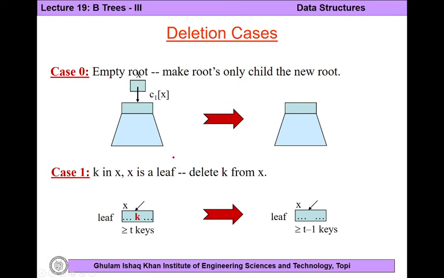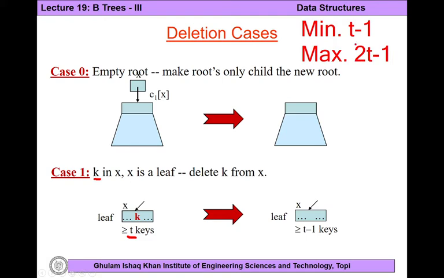Then case 1 is that if k, which is a key to be deleted, is in node x and x is a leaf node, right, and we know that this node has at least t keys, because the minimum number of keys which a node can have is t minus 1, and the maximum number of keys that a node can have is 2t minus 1. Right?